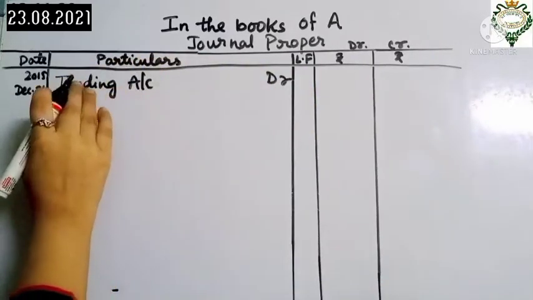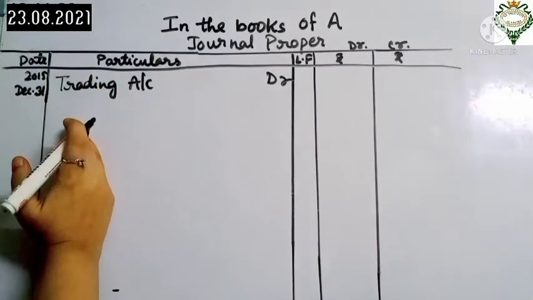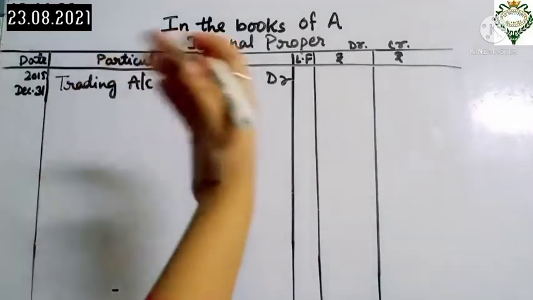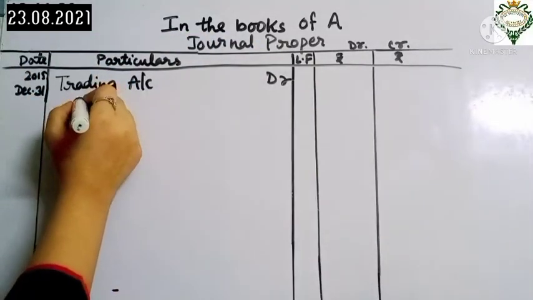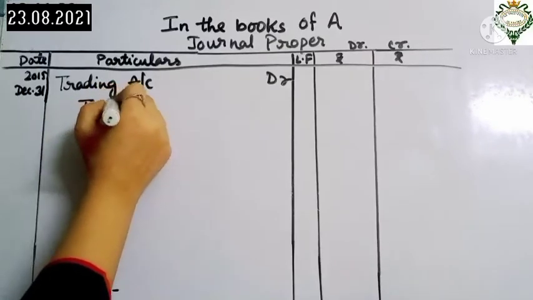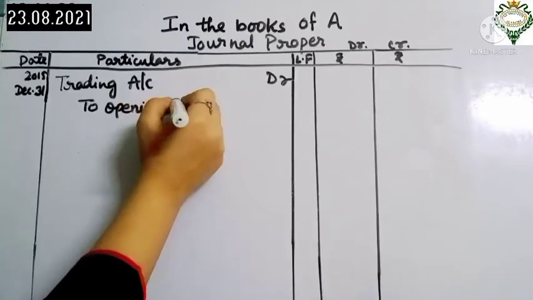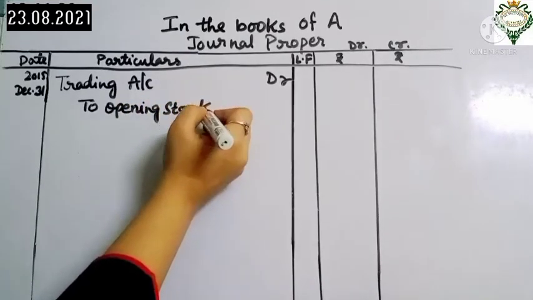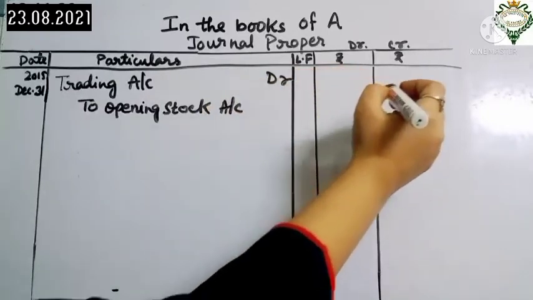When we are debiting the trading account, the things we record here are going outside the company, because we are crediting those entries. So we record here to opening stock, and the opening stock is 40,600.